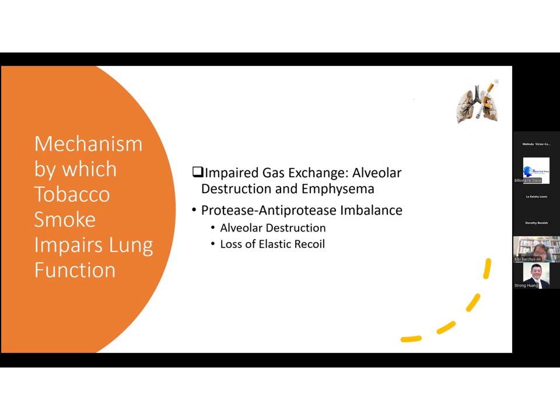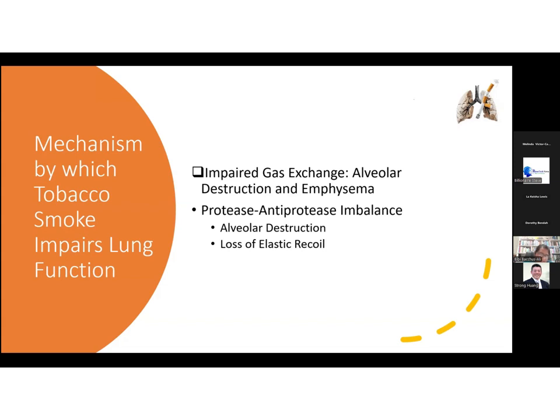Impaired gas exchange. The alveolar structures responsible for efficient gas exchange in the lungs are particularly vulnerable to the destructive effects of tobacco smoke. The protease-antiprotease imbalance occurs when tobacco smoke disrupts the balance between proteases, which are the enzymes that degrade proteins, and antiprotease enzymes, which are the enzymes that inhibit proteases.